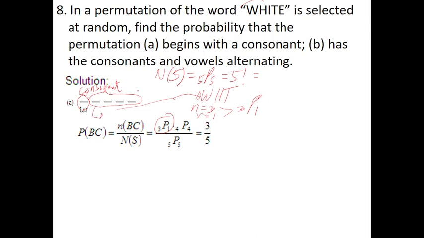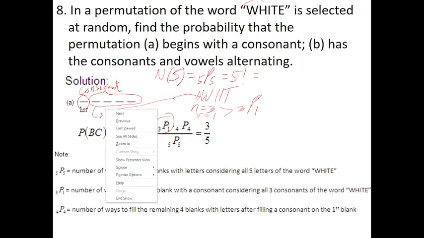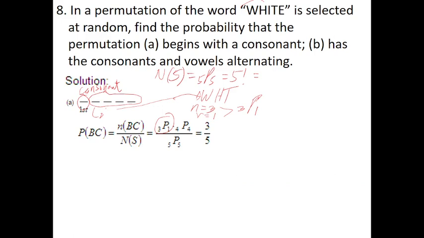So hindi maselan to. So in this case, ilan na lang pagpipilian? 4 na lang pagpipilian dahil nalagyan na ng letter yung unang part. So we have now N is 4. Ilan ang available slots? 4. 1, 2, 3, 4.